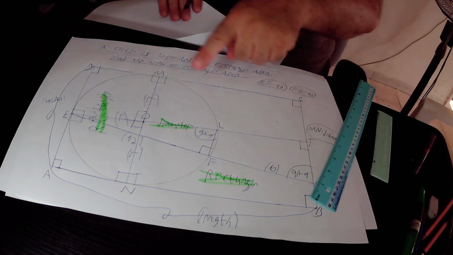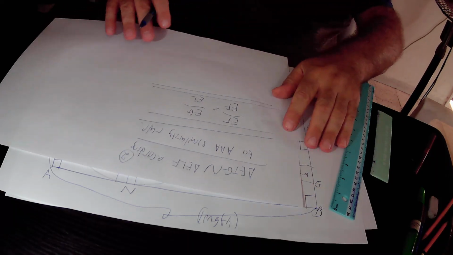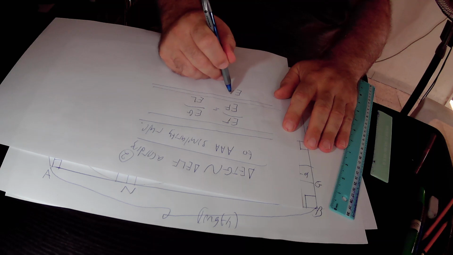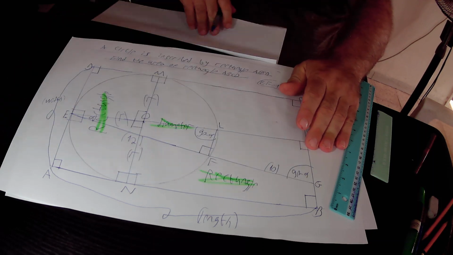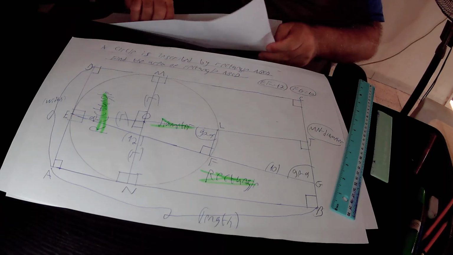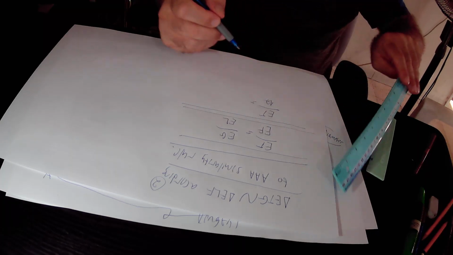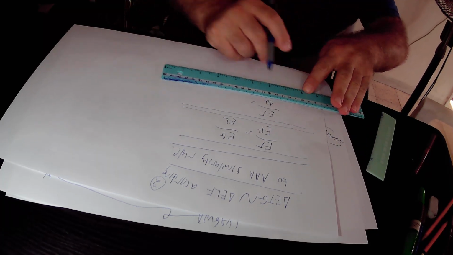ET is the missing side, so we leave it as it is. Over EF. EF equals 12 units in length according to what is given in the question, and it is equal to EG.